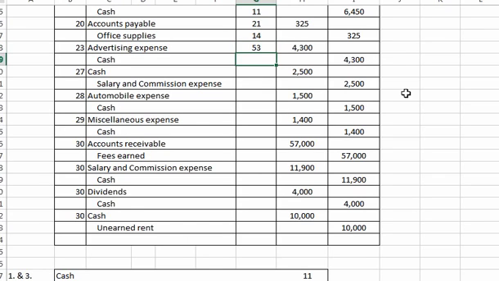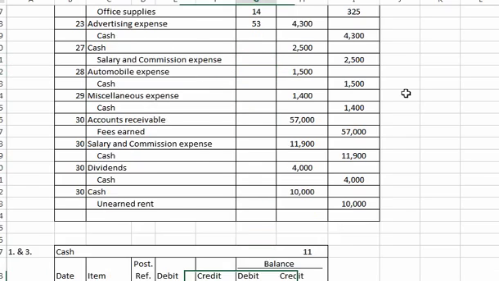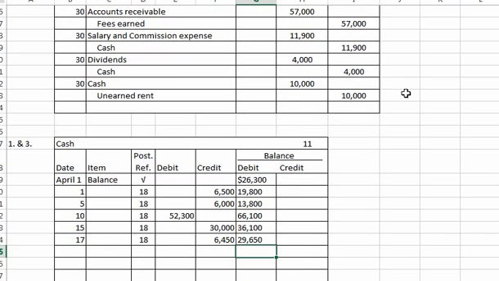We also had a credit to cash on the 23rd for $4,300. It's also from journal page 18, and that was a credit to cash for $4,300. All right, we had a beginning debit balance for $29,650, credit entry for $4,300, so we're going to subtract, equals $29,650 minus our credit entry for $4,300.